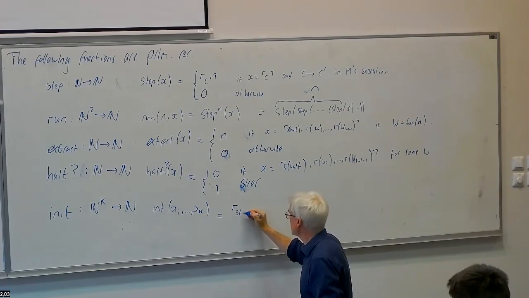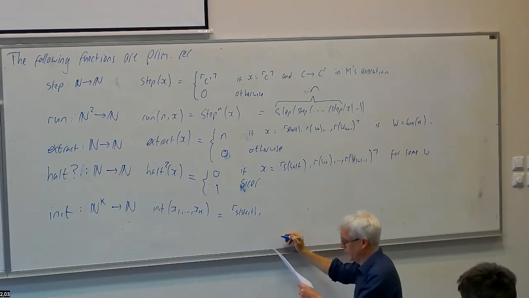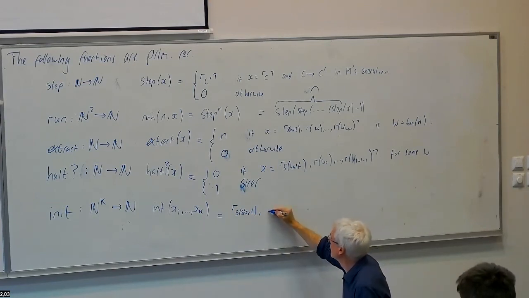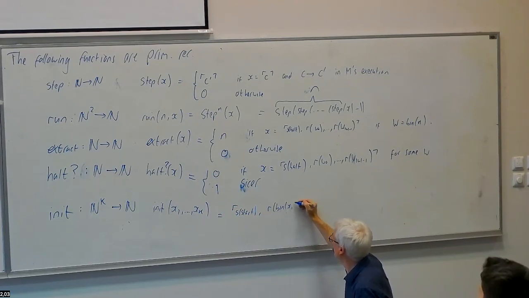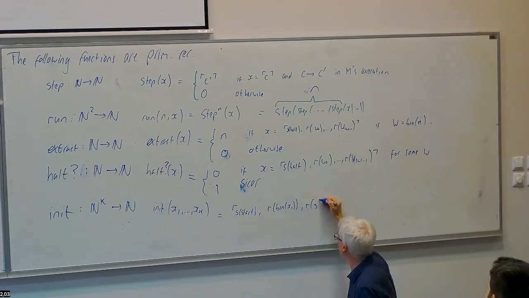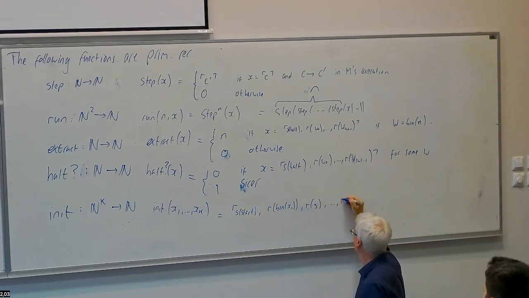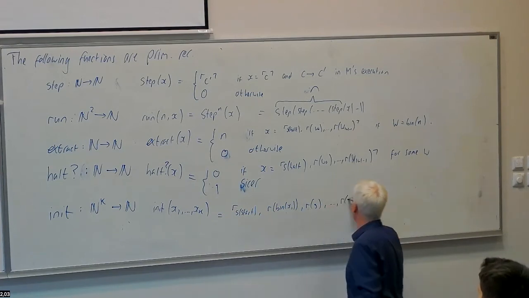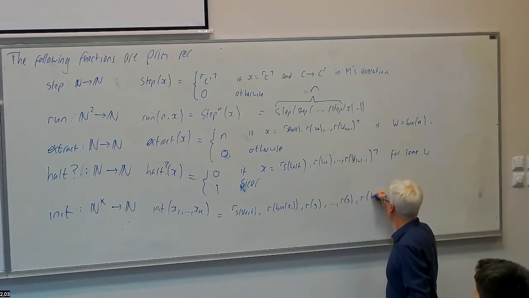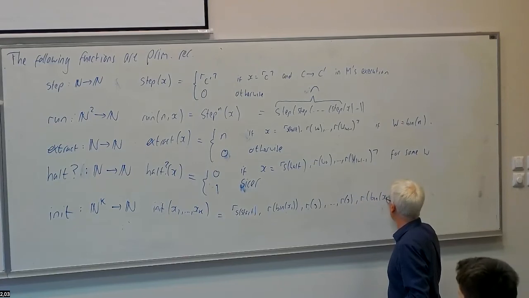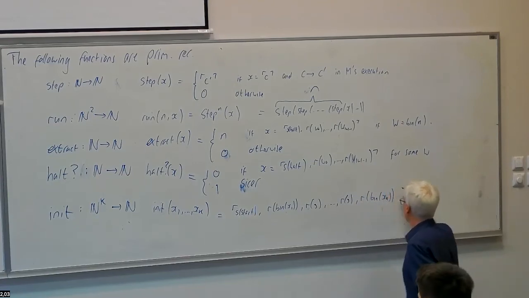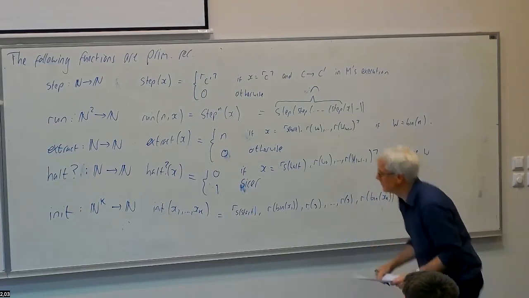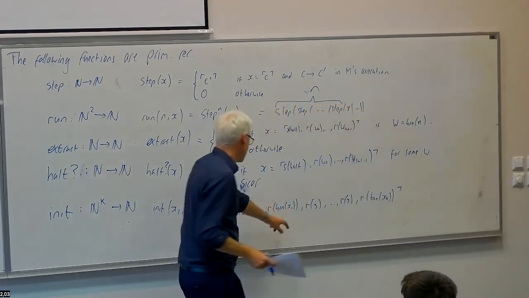So we're going to have S of start, followed by R of binary x1, followed by R of comma, followed by R of comma, all the way up to R of the binary xk. And here I'm making a little, so the encoding of the starting configuration.